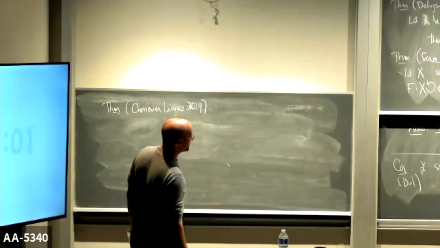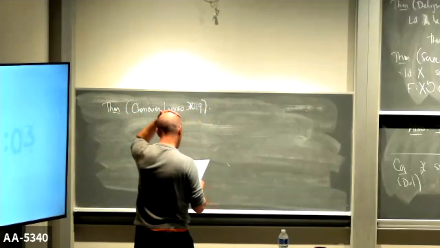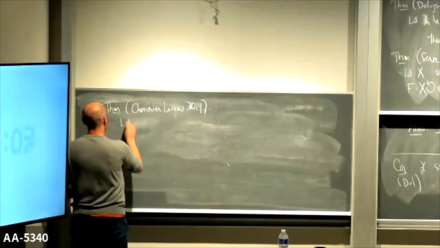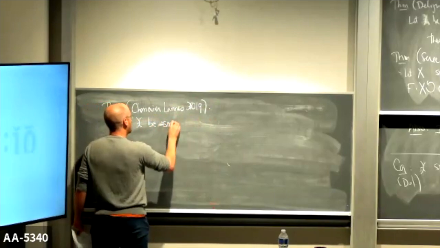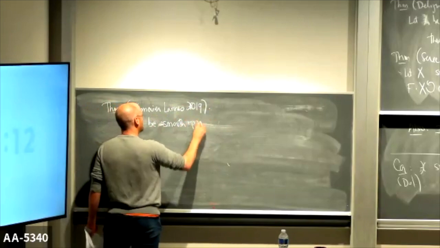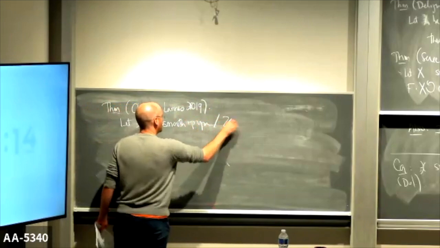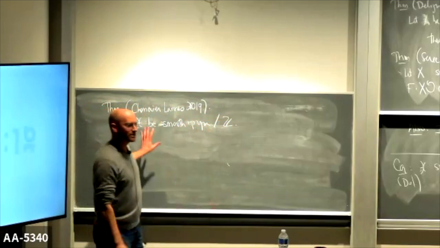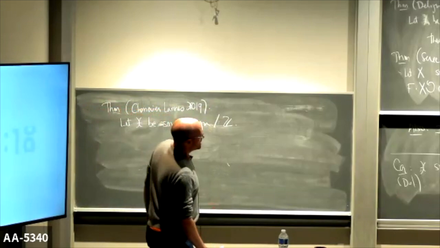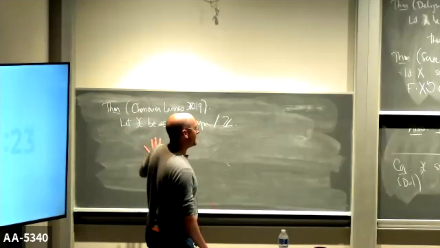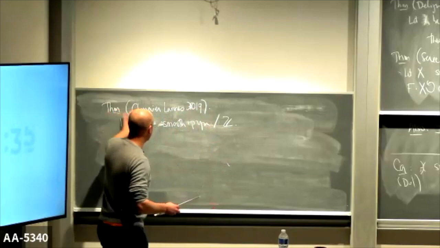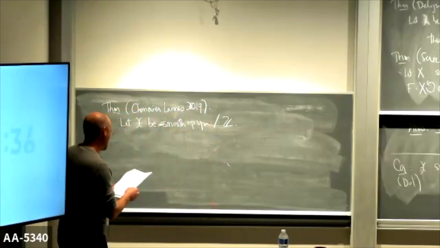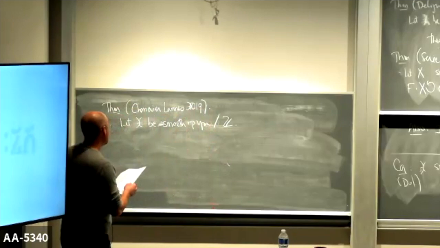Okay, so how do I want to set this up? Again, we want to be in the situation of smooth and proper over the integers. So this means that we're going to have representations of Galois that have good reduction at every prime p.